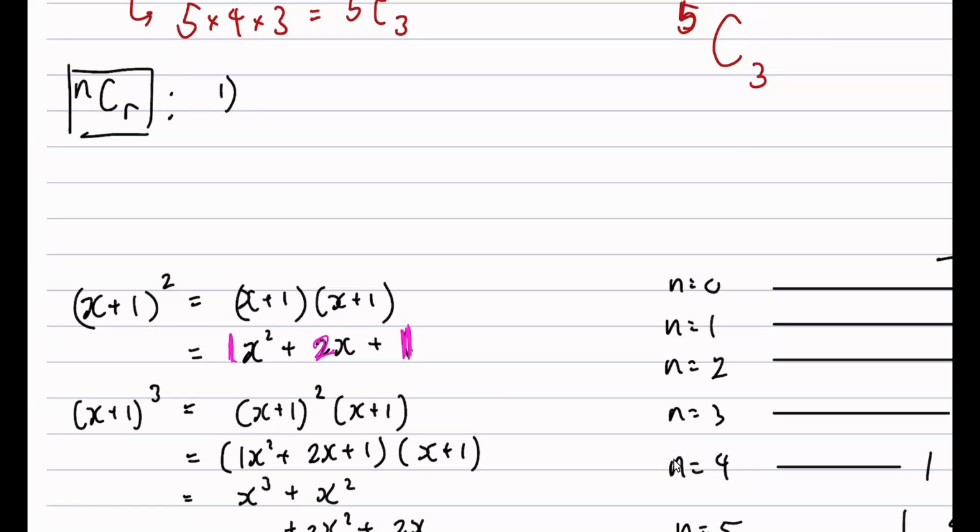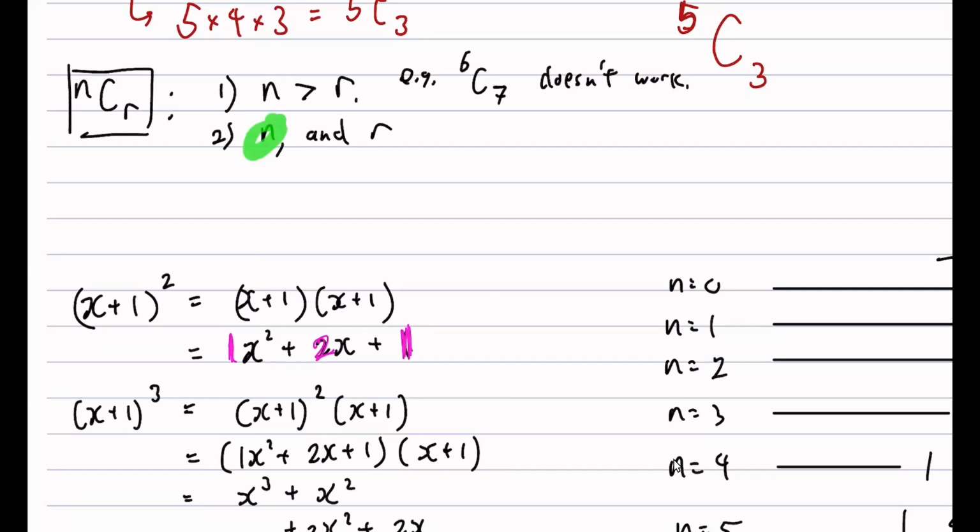Number 1, you realize that n must be bigger than r, right? Example, 6 choose 7 doesn't work because your r is now bigger than n. Number 2, I didn't give you some experiment for the n, you can try on your own. n and r must both be positive whole numbers, positive integers, or 0.